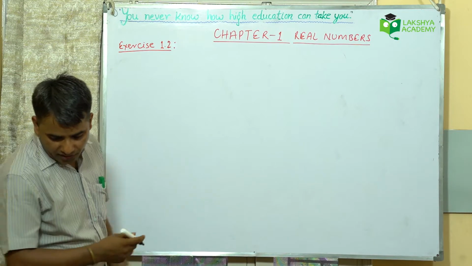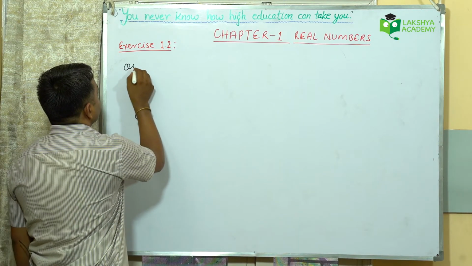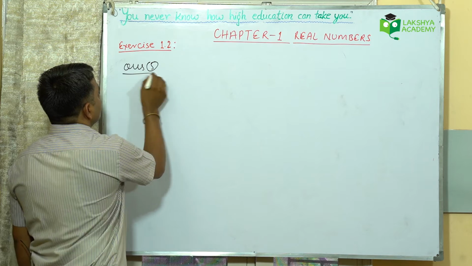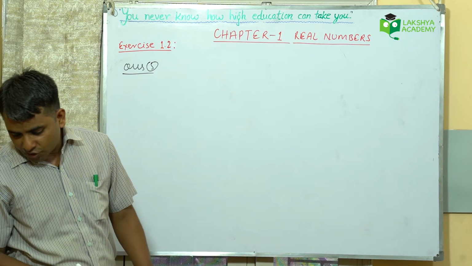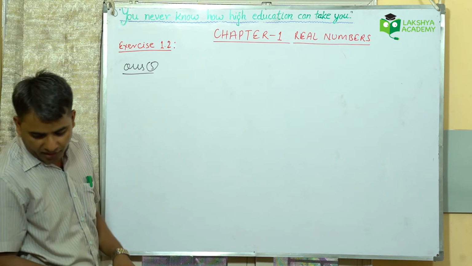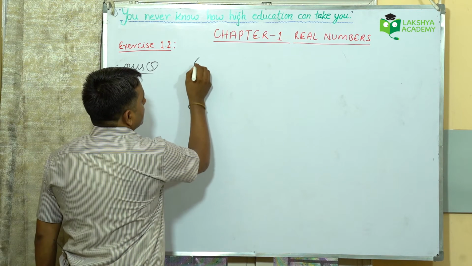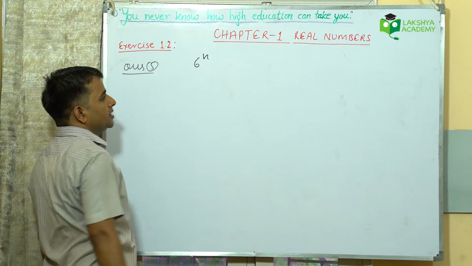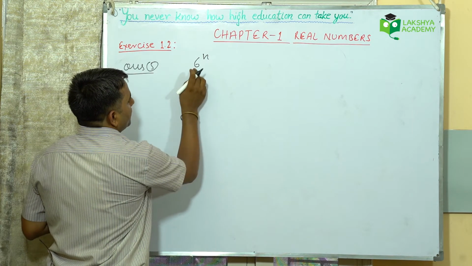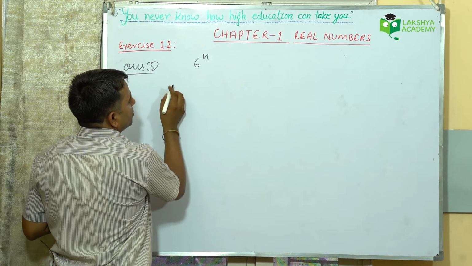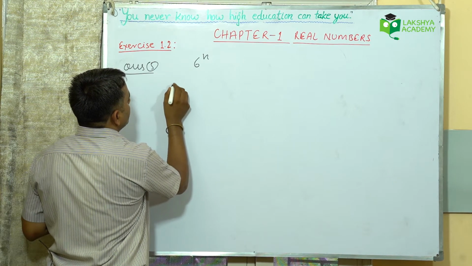Now coming to question number 5. Check if 6 to the power n can end with 0 for any natural number n. 6 to the power n, is it ending with 0 or not? So we know that if any number ends with 0, it should be divisible by 10.